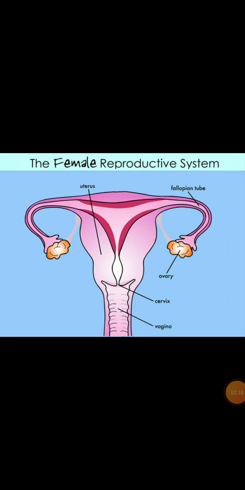Ovaries also produce some sex hormones, which we have already discussed in chapter number 7. What are the sex hormones produced by ovaries? The sex hormones produced by ovaries are estrogen and progesterone.